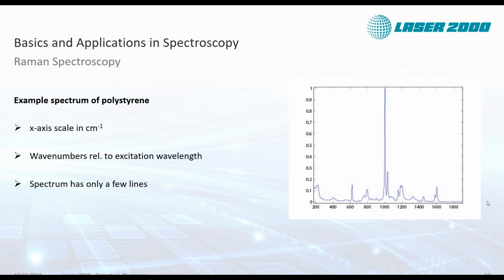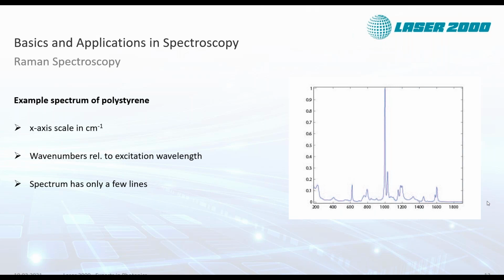And the other point is that these relative wave numbers have the advantage that you can reproduce the position on the wave number scale with every excitation wavelength that you use. You don't depend on the color of the laser, simply said.